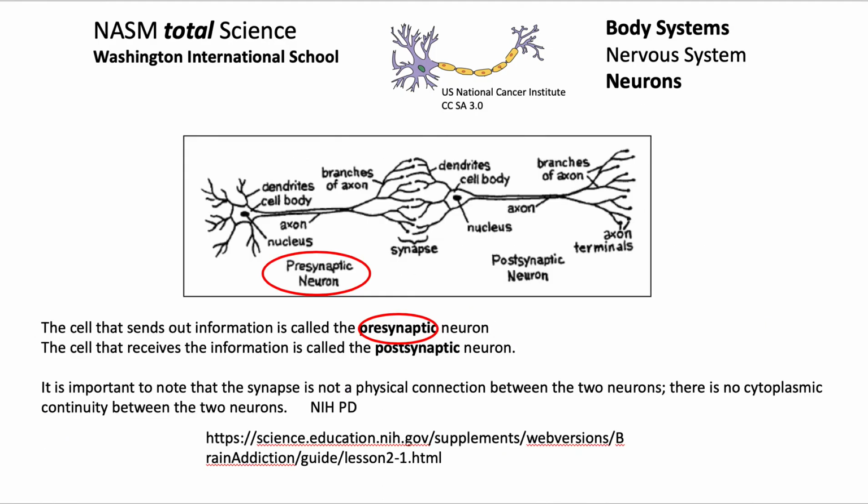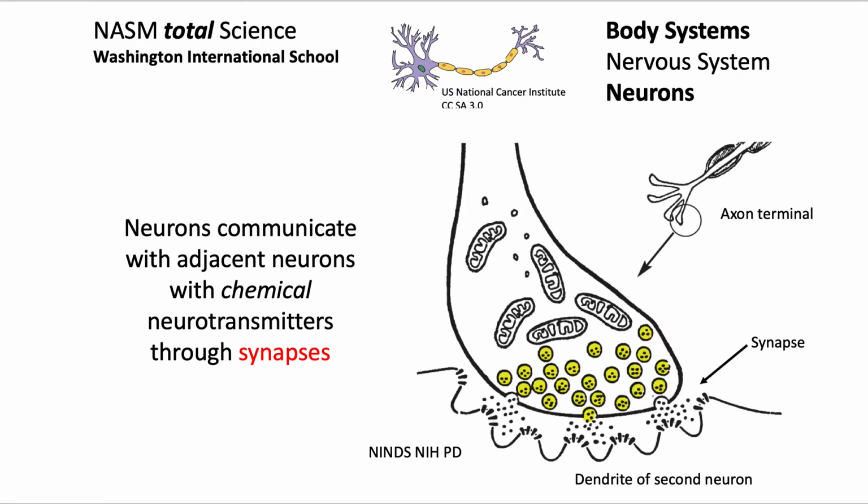Here the gap has been much reduced, and so you've got a presynaptic neuron on the left, which is going to provide chemical information to the postsynaptic neuron on the right. So you can see here there's a gap, no physical connection between them. It's a chemical message.